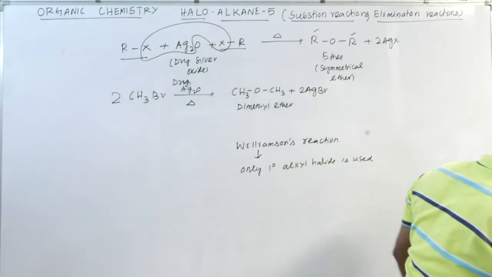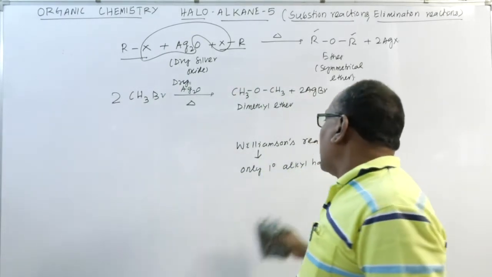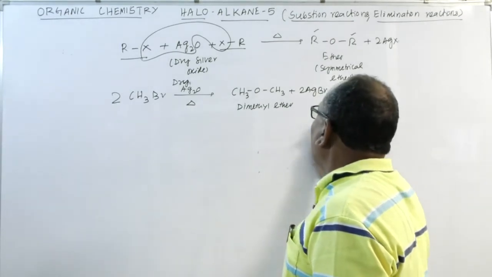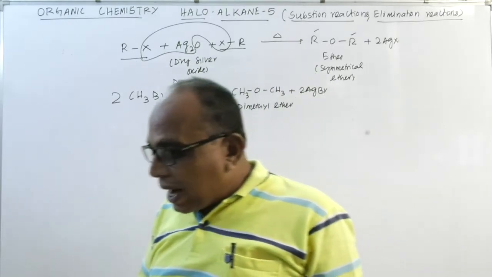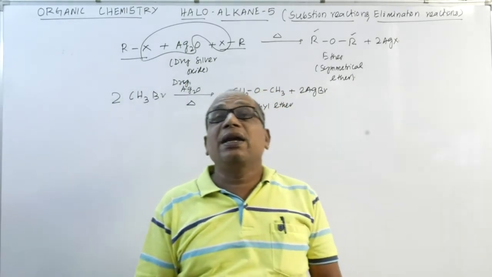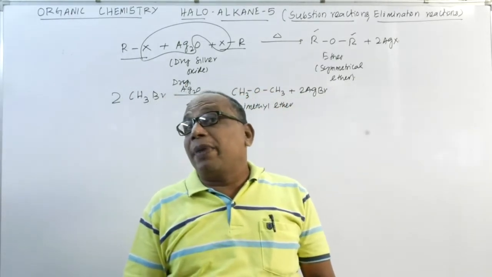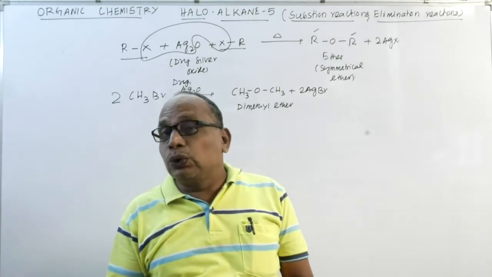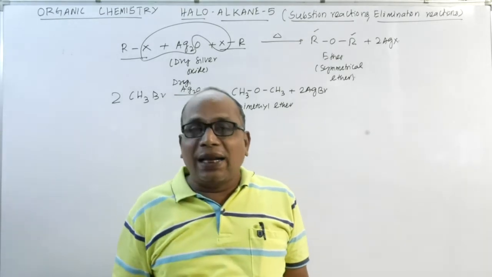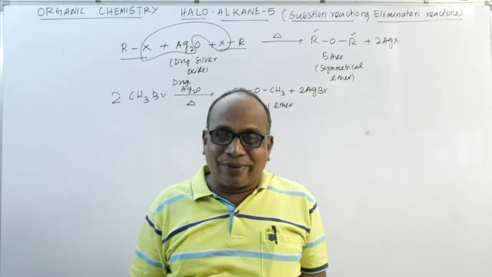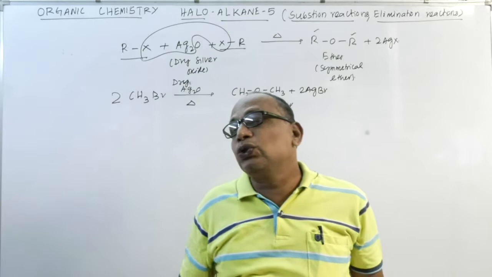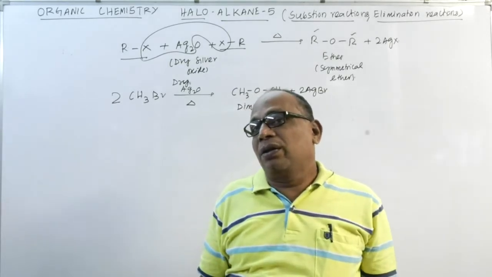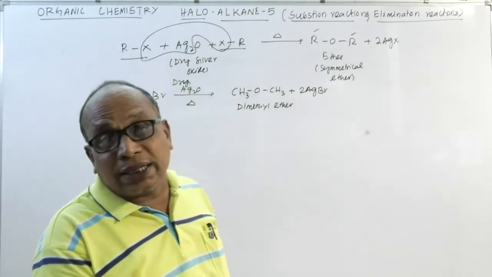Okay, this is the process to convert alkyl halide into ether by Williamson reaction. And in Williamson reaction, only primary alkyl halide is used, not secondary or tertiary. When secondary or tertiary alkyl halide is used, it forms the alkene, not the ether. That's why primary alkyl halides are used to synthesize ether.